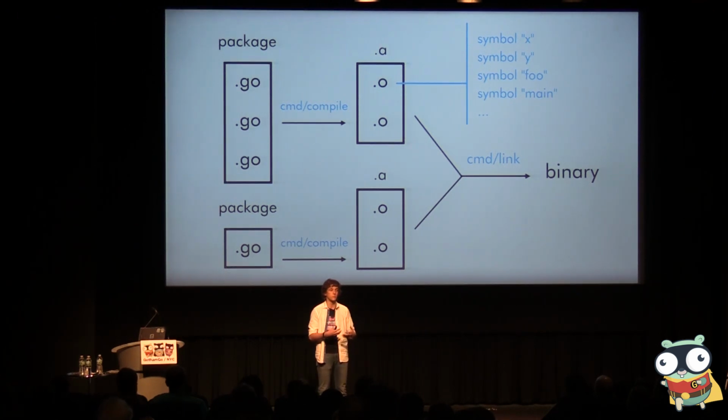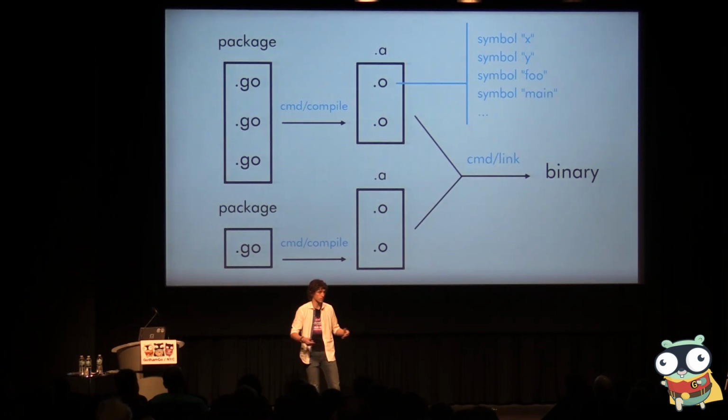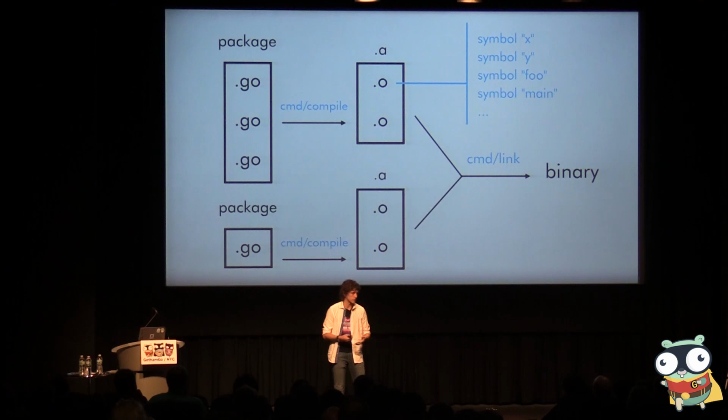Symbols are things like your function name. A function name is a symbol along with the code that executes that function. And these object files, .o files, are collected together in .a files, which are very little more than a list of files. In this case, object files.